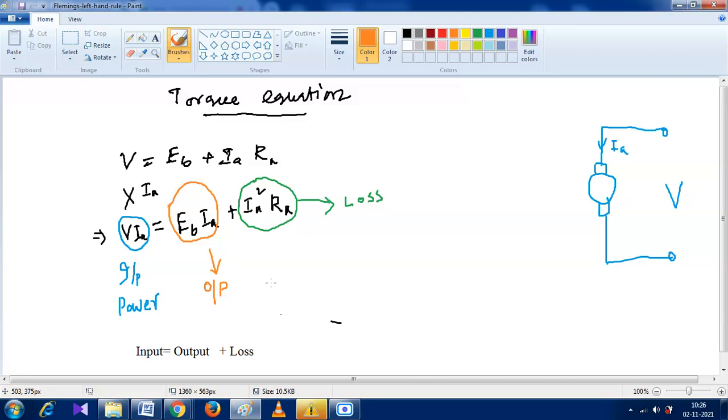Actually, this is called the electrical equivalent of gross mechanical power developed by the motor. This is the electrical equivalent of mechanical power developed by the motor.